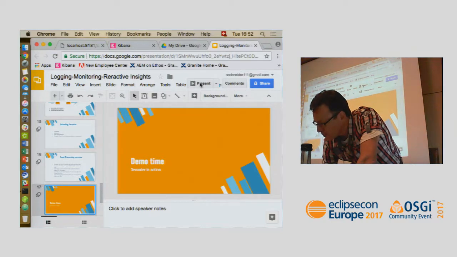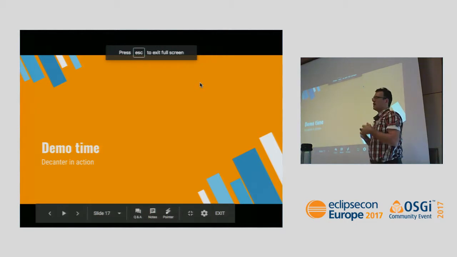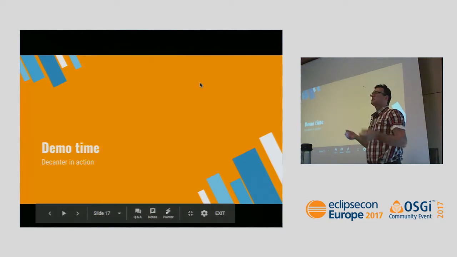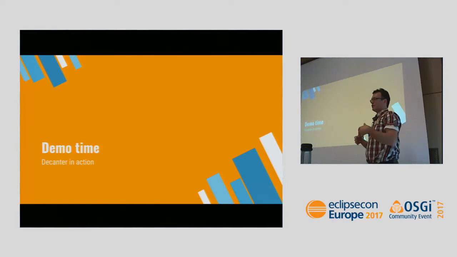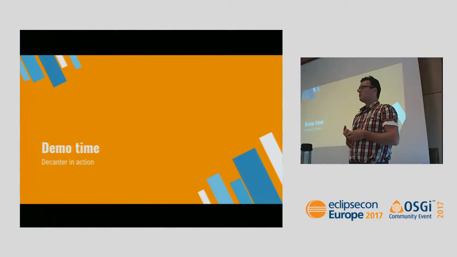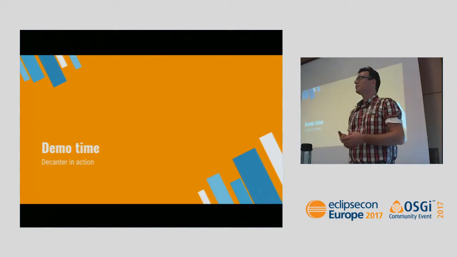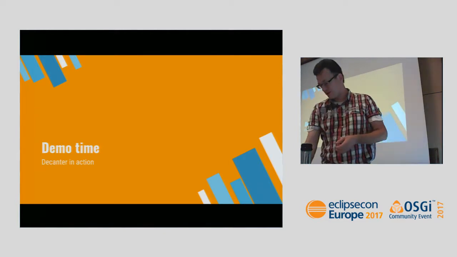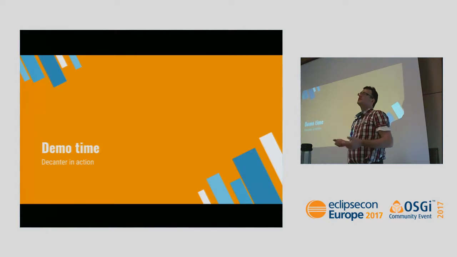So basically what I have shown in the demo is how to set up Decanter. It's just installing some features, and the defaults are already prepared when you want to log to localhost to Elasticsearch. You can just install Elasticsearch and Kibana as default installations, and it will already produce a lot of interesting information. We also saw that you can extend Decanter.